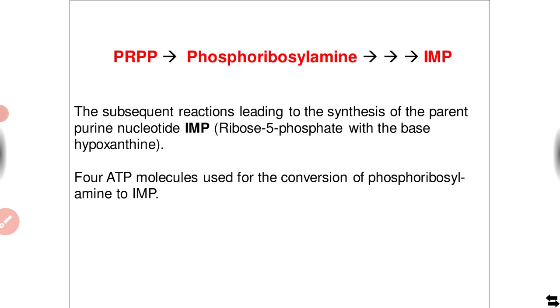This is the rate limiting enzyme of de novo synthesis of purines and this is the first step. Then by subsequent reactions, the purine parent nucleotide, inosine monophosphate, is formed. The conversion of phosphoribosyl amine to inosine monophosphate requires 4 molecules of ATP.